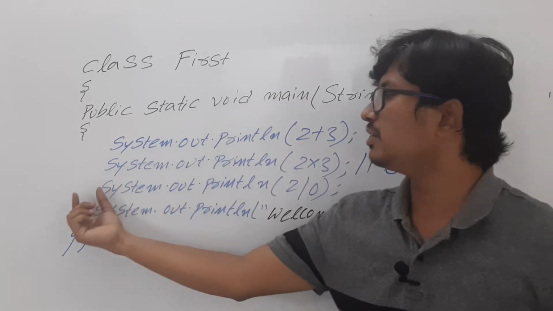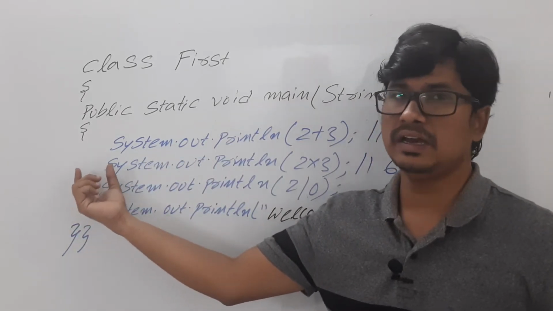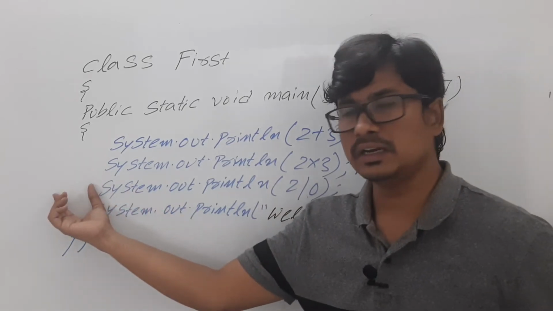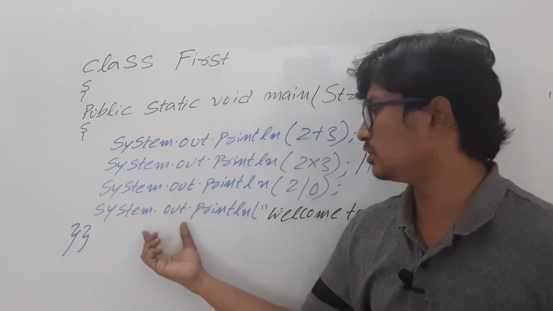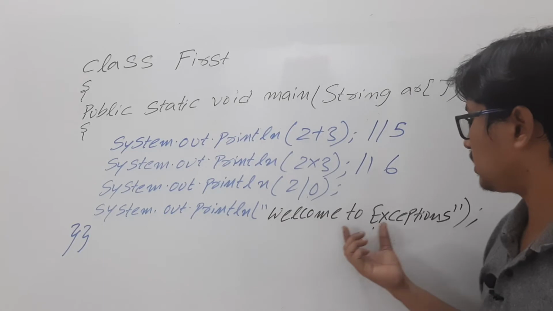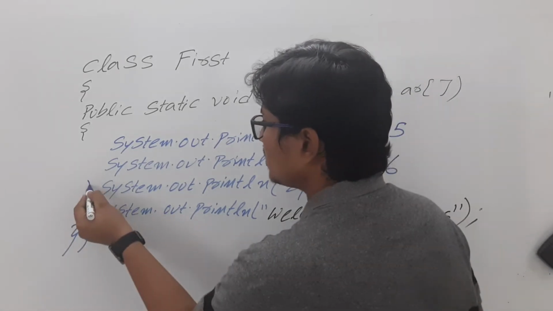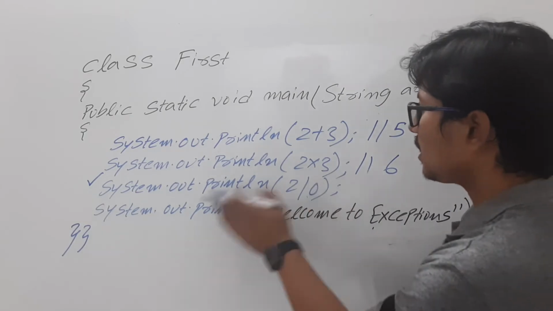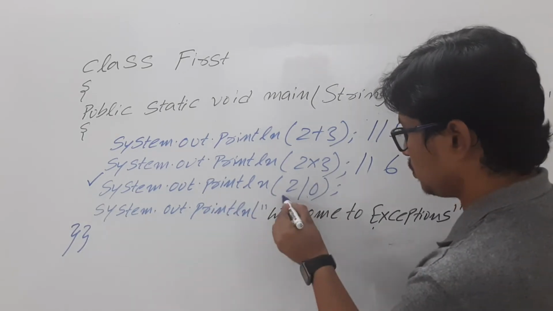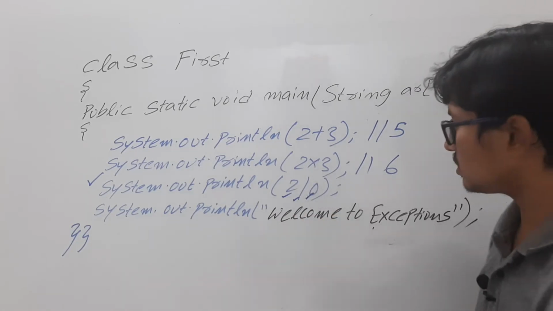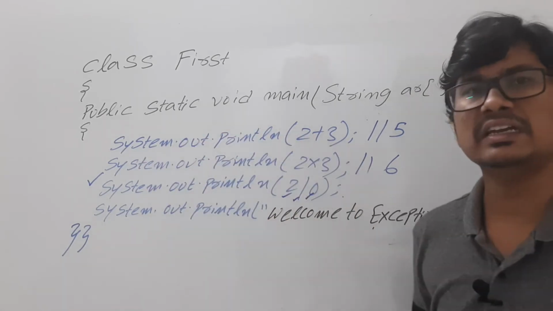So what kind of error will you get? Arithmetic exception, you cannot divide by zero. Is it clear? Then the next statement will not be executed, so you will not get the output welcome to exception. So in this line there is an error. During compile time it will not be caught, because 2 is an integer constant, division is an arithmetic operator, 0 is an integer constant, semicolon, everything is syntactically correct.